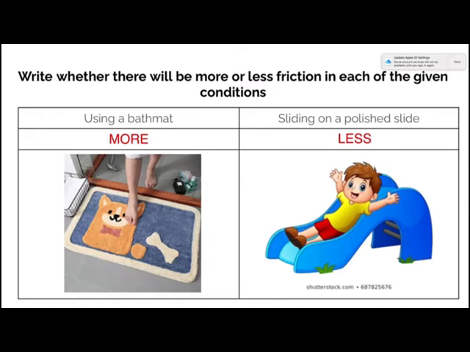Now, the second one, sliding on a polished slide. That has less friction because if it's polished, that means that it's a smooth surface, allowing less friction when you slide across it.